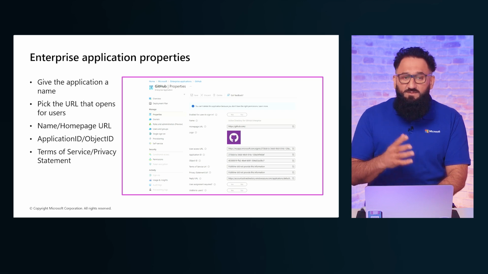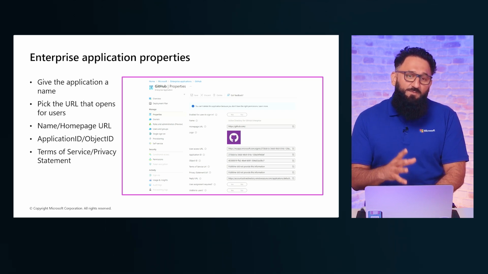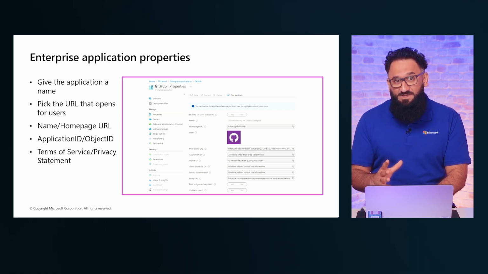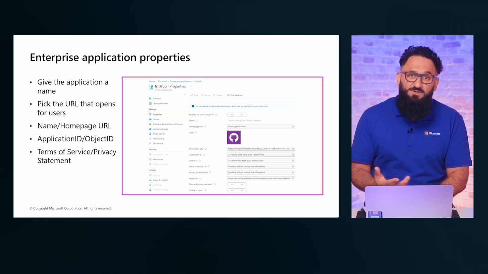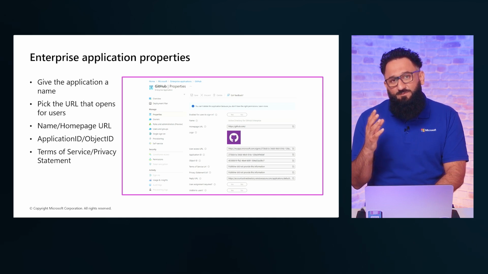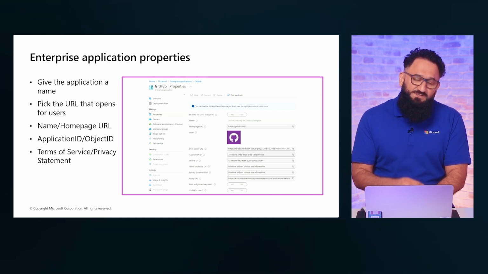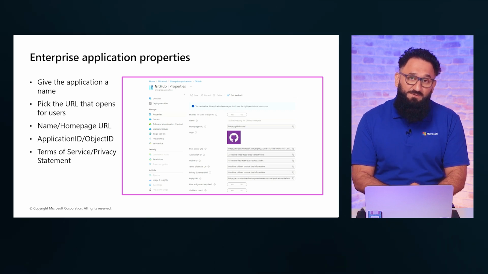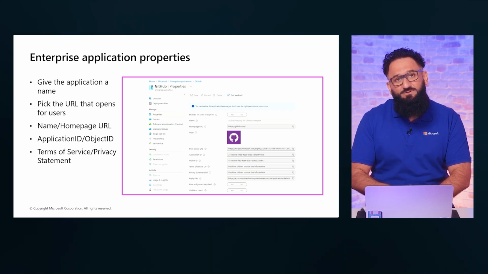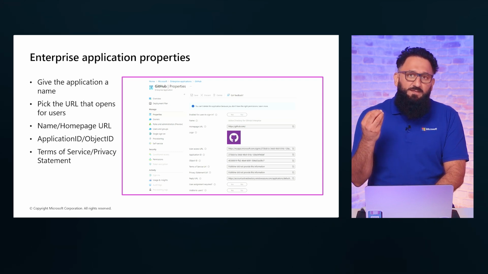So let's get started. Now, in the previous session, we spoke about how to register an application. If you haven't watched the previous video, I recommend you have a quick look. After you've registered the application, this application is now part of your Entra enterprise applications because you've onboarded it onto your Entra environment.